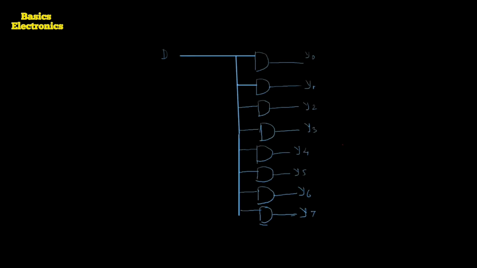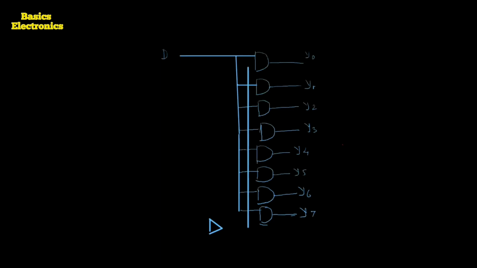With these 3 inputs, one more input we require. What is that? That input is the strobe input, or the enable input. I'm going to draw the enable input. For that input, we draw one line at the lower side, and remember this input is an active low input. So for that we apply one NOT gate.